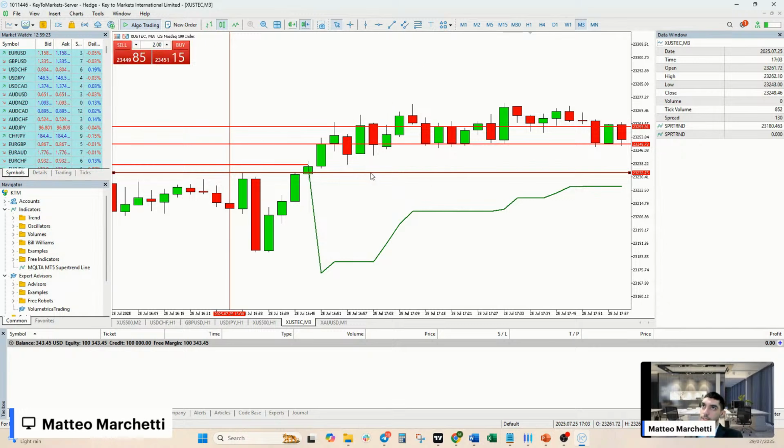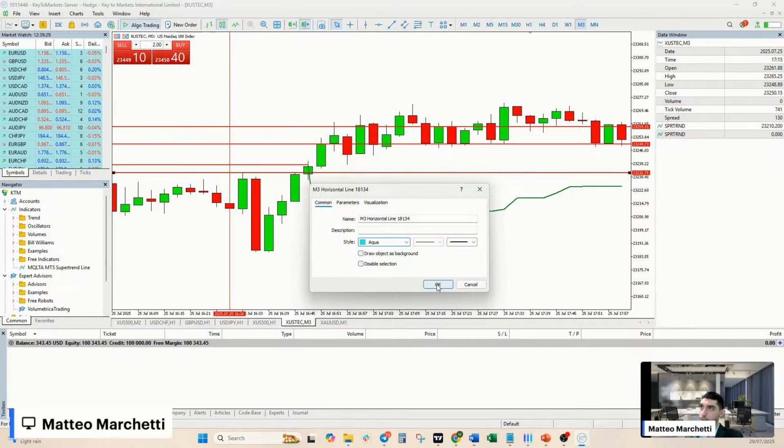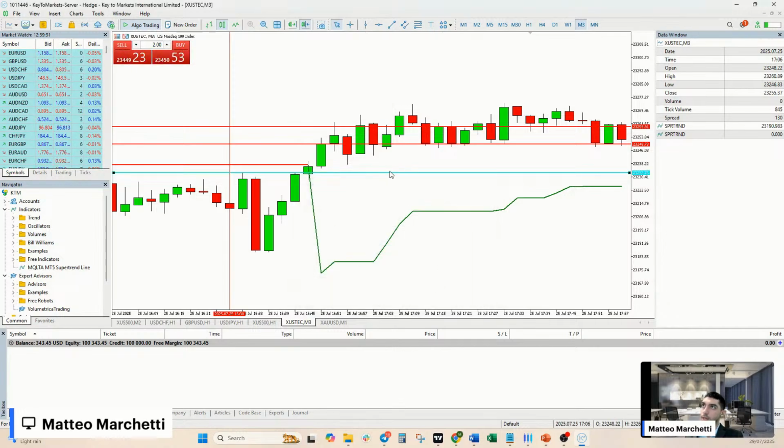And what I do is that I move my stop loss from here. So let me highlight the stop loss. Let's say the stop loss is in light blue. Then I move my stop loss here. So I can move my stop loss to break even as soon as I reach the first target. Why?